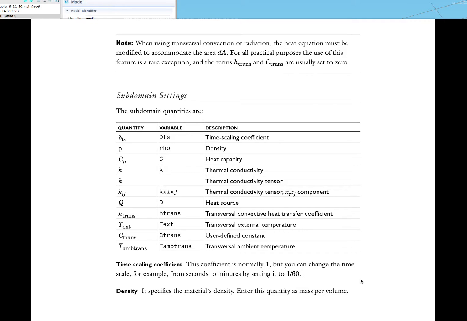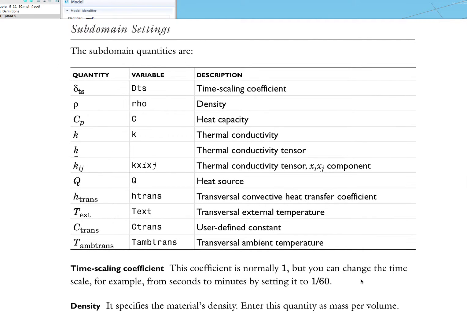So if we look here at the subdomain settings, we have all of these quantities that I talked about, and if you write the variable, for example rho, R-H-O, you can actually include an equation for rho to depend on any of the variables inside COMSOL.